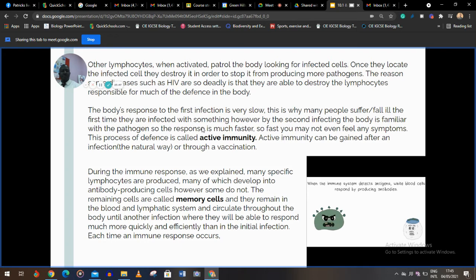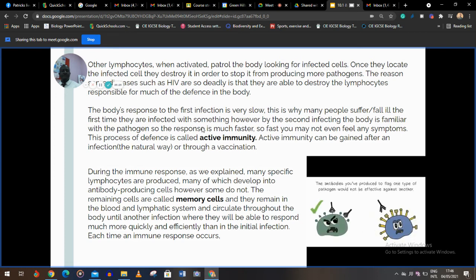When the immune system detects antigens, white blood cells respond by producing antibodies. Antibodies are special Y-shaped proteins that are made with a specific shape to match the antigen detected. Antibodies are marking flags that latch onto antigens just like a lock and key. Pathogens that have been flagged by antibodies are then destroyed by special white blood cells.